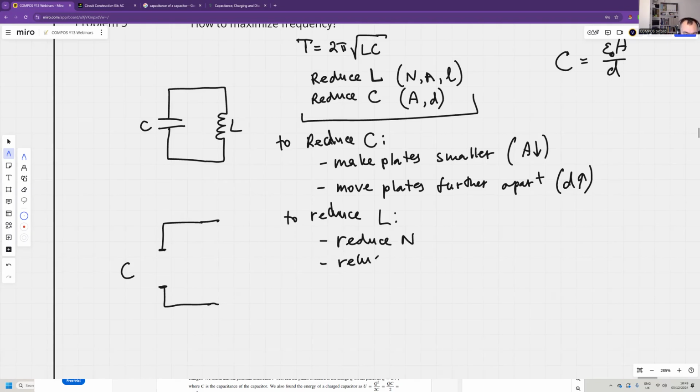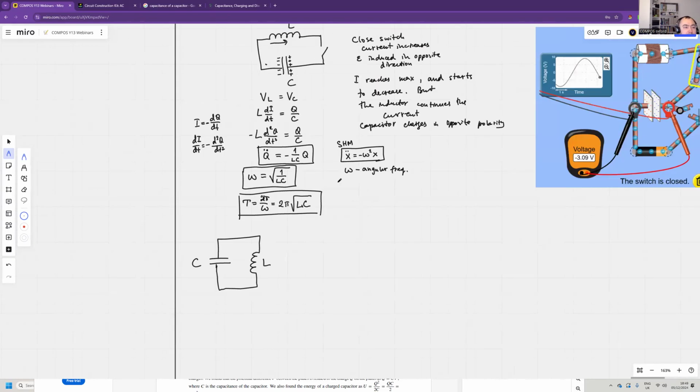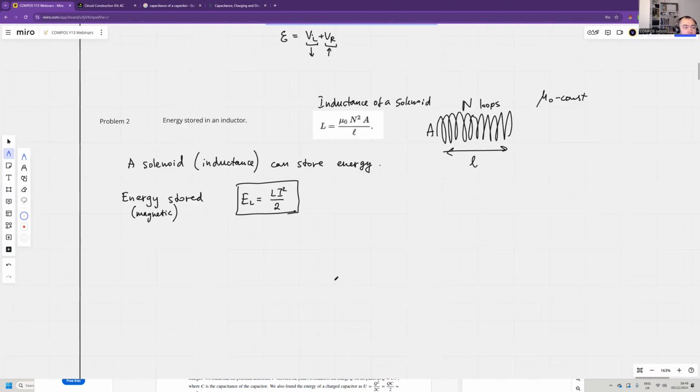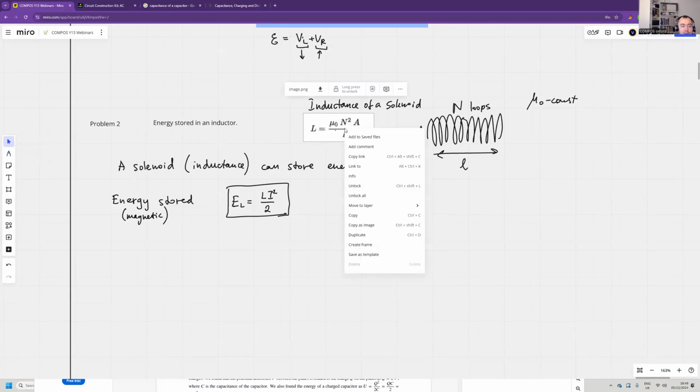Reduce A. So we have the formula here: mu 0 N A over L.